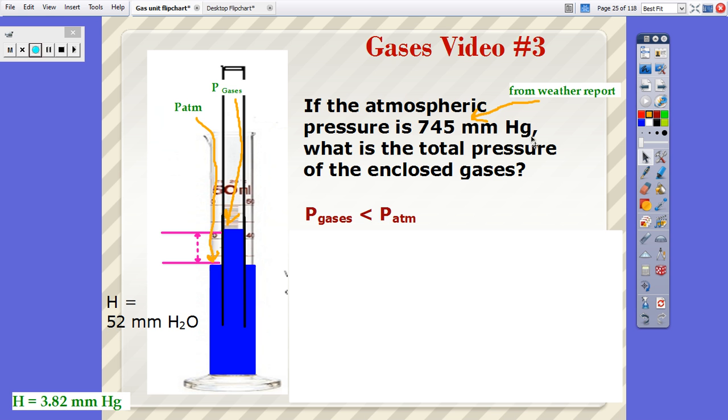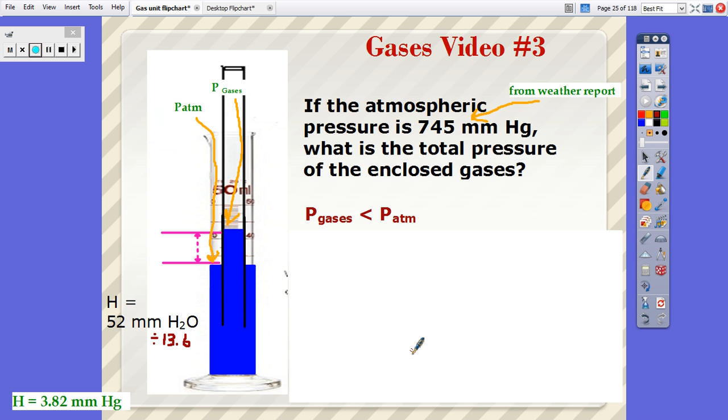Since so many of our conversions are done with millimeters of mercury, we're going to convert the millimeters of water into millimeters of mercury. We're going to do this by dividing the millimeters of water by 13.6. Now the reason is the following. Mercury is 13.6 times more dense than water.